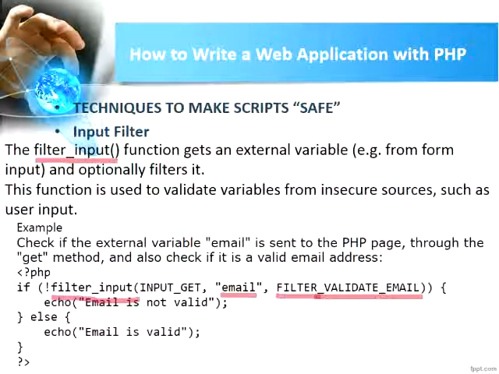For the third argument, we can write FILTER_DEFAULT. FILTER_DEFAULT means we just want to check if this email is sent to the PHP page through the GET method. But if we want to check also if this email is valid or not, we will use FILTER_VALIDATE_EMAIL. Is it clear for you, Ahmed?